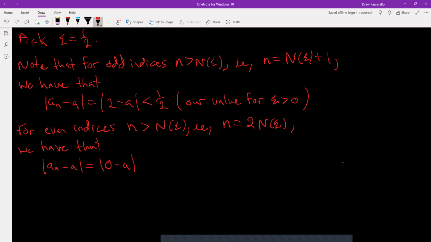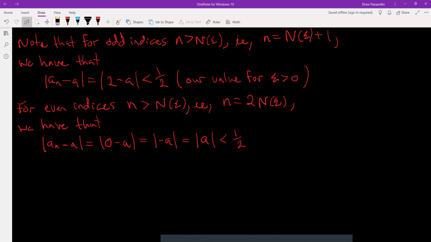Well, 0 minus a is equal to negative a, and the absolute value of negative a is equal to the absolute value of a. And that's going to be less than 1/2, since that's less than epsilon, because we're assuming that it already converges.